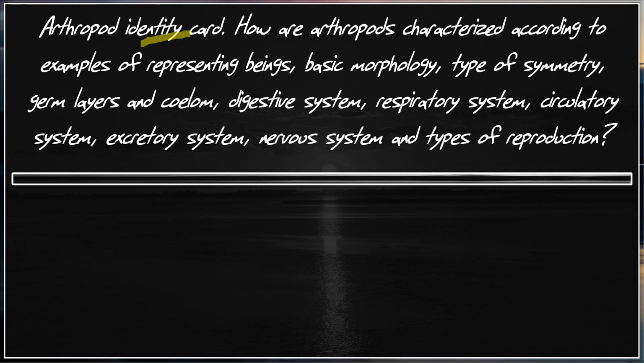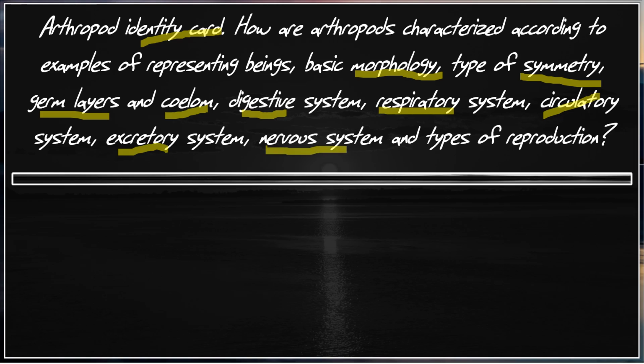Arthropods identity card. How are arthropods characterized according to the presence of basic morphology, type of symmetry, germ layers, coelom, digestive system, respiratory system, circulatory system, excretory system, nervous system, and the types of reproduction?